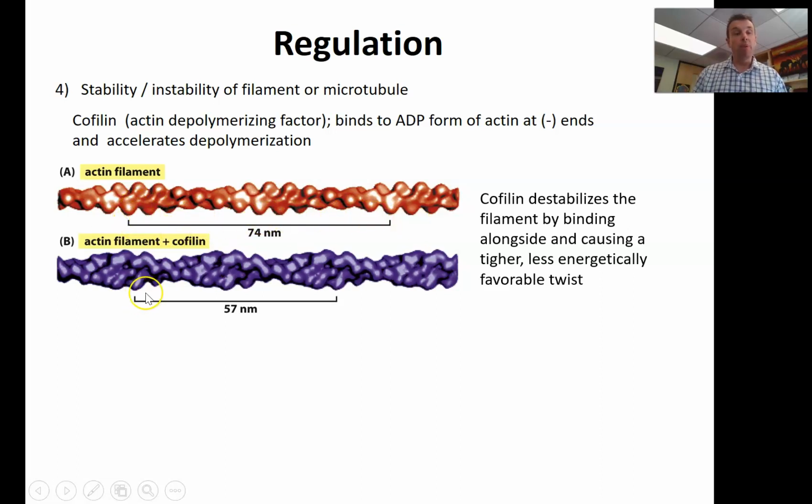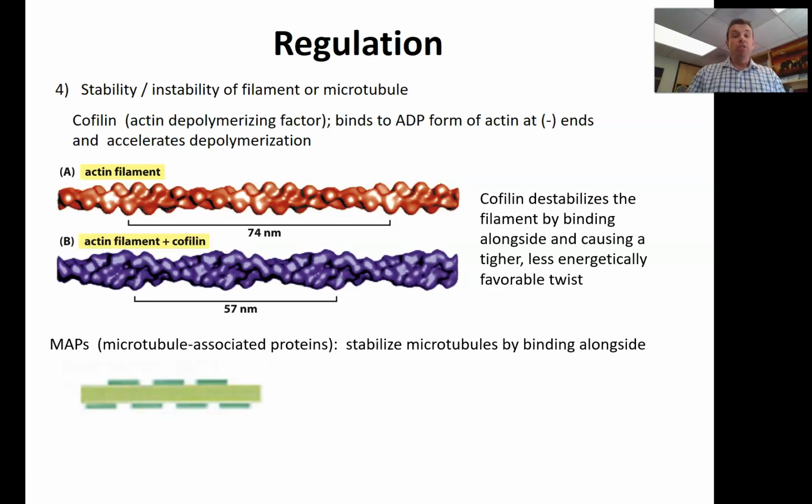But if cofilin binds, that basically hyper twists it, and now it only takes 57 nanometers for this to go one full turn. And that hyper twisting basically is less energetically favorable. It basically now is kind of stressing it, and that can help it fall apart. So cofilin destabilizes actin filaments by hyper twisting them, and cofilin will cause them to fall apart.